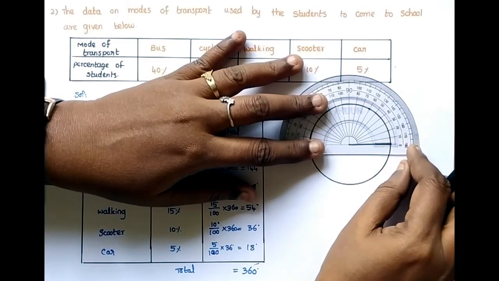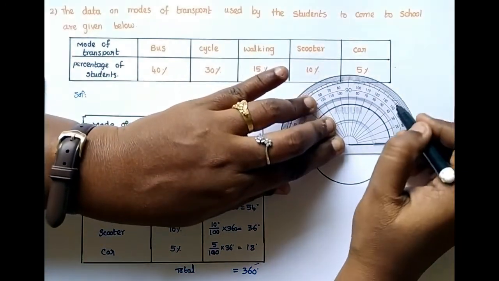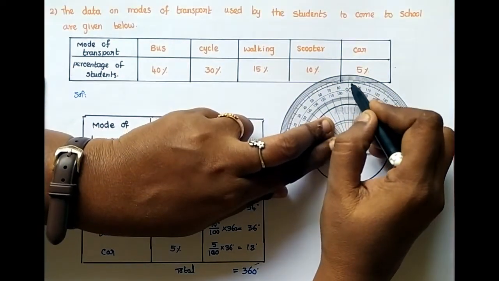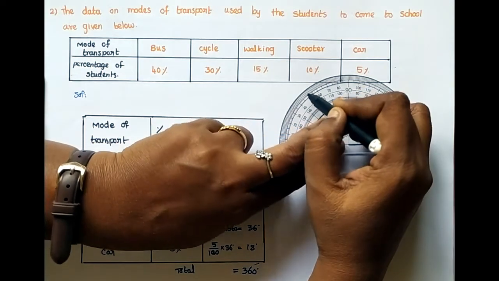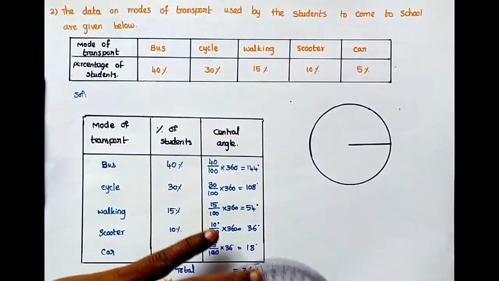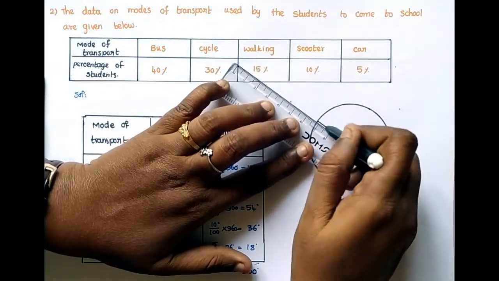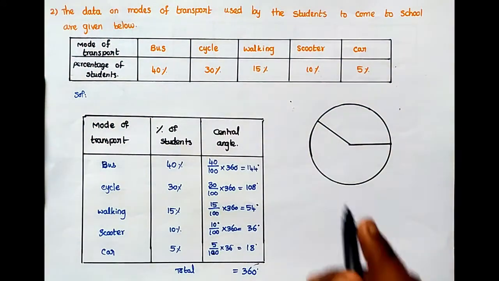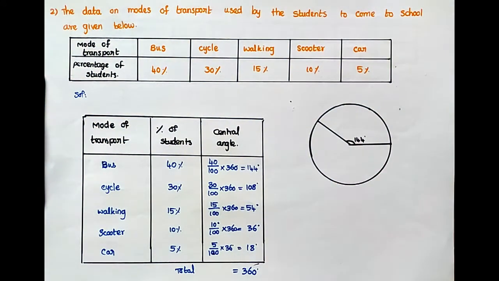So from here measure 144, that is 100, 90, 100, 110. Here 144. That is 144 degree.